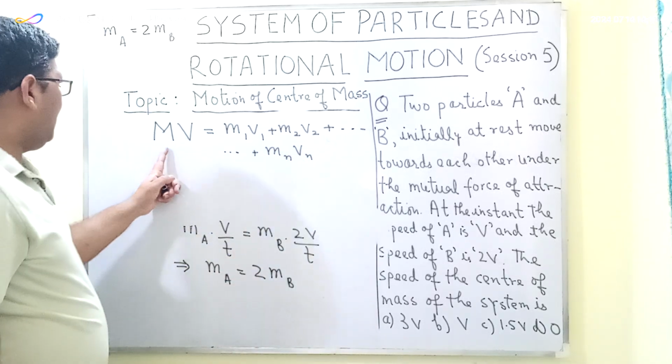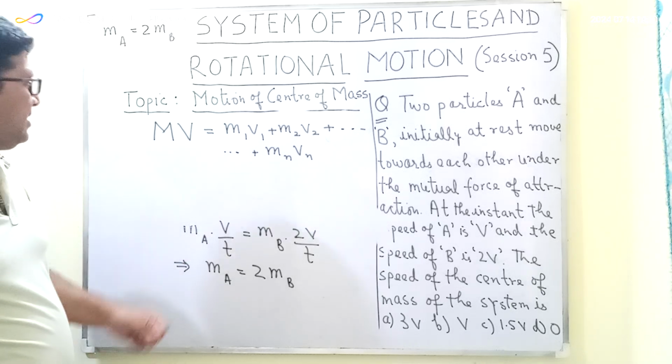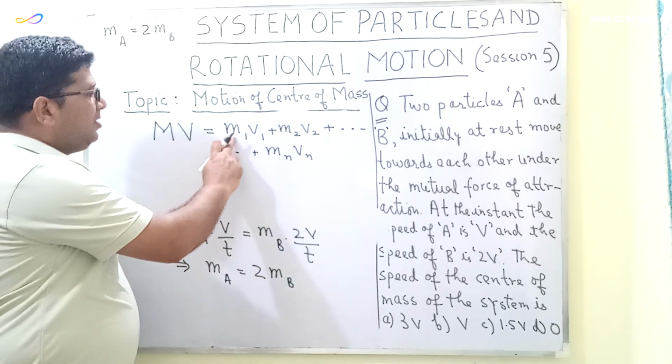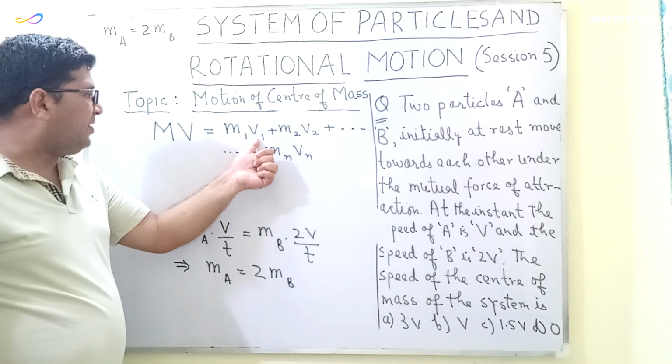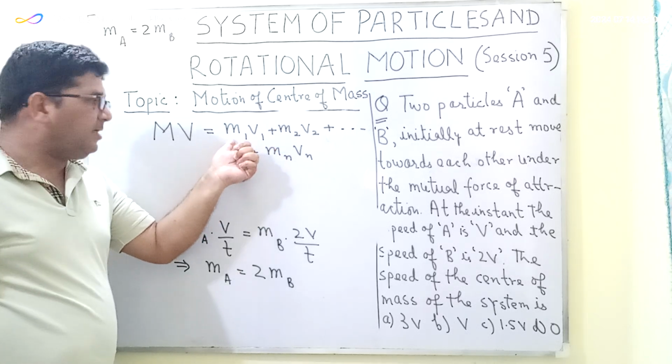Here the capital M is the mass of the system of particles, v is the velocity of the center of mass, and this is equal to m1 v1, m2 v2 and so on, where v1 is the velocity of an individual particle having a mass m1.